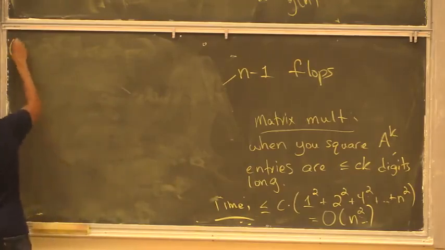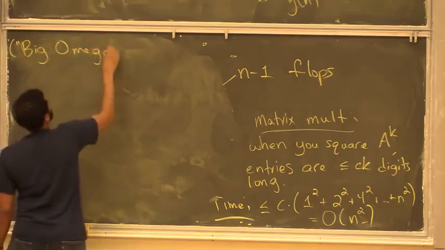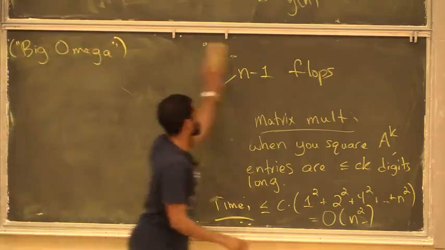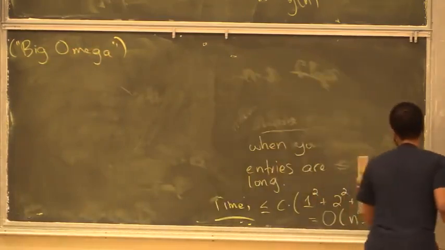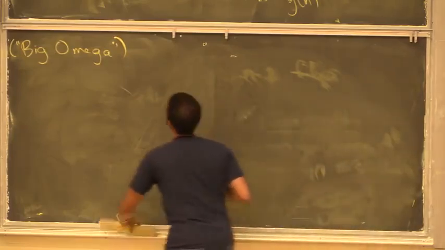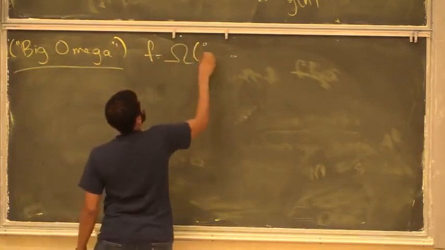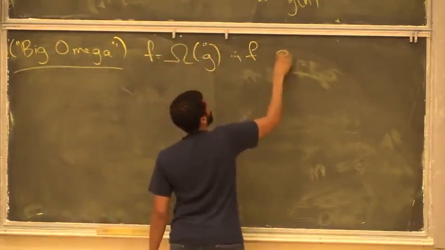And then there's big omega. f is big omega of g if basically g is big O of f.